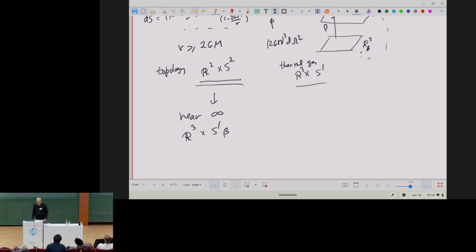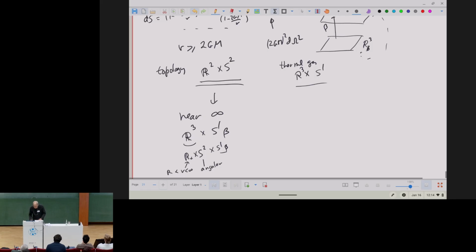The way it's wrong, you could think of R3 near infinity as being sort of half line times S2 times S1 beta. These are the angular directions. This is the radius that's going off to infinity. Let's put some lower cutoff.